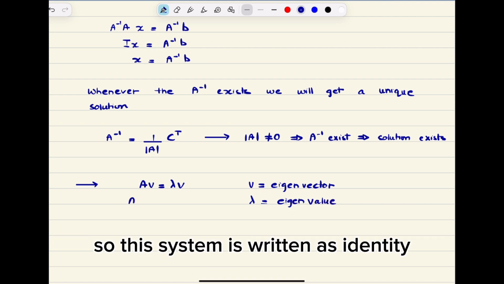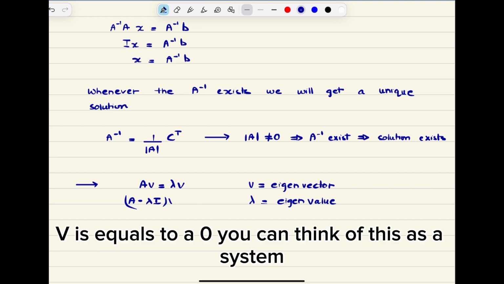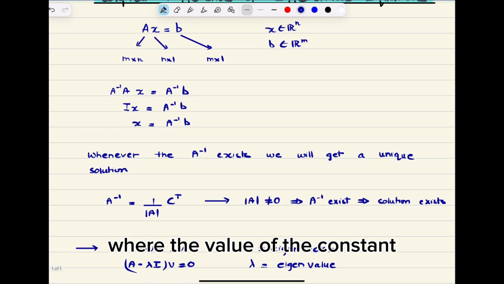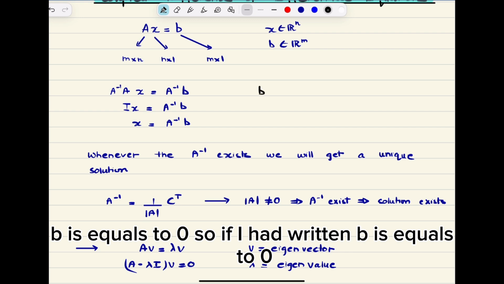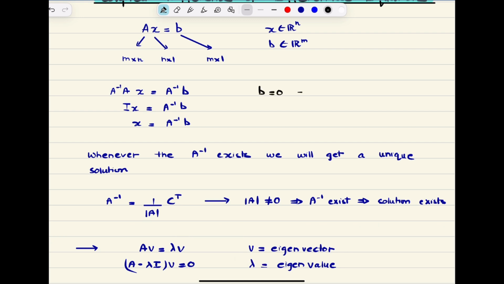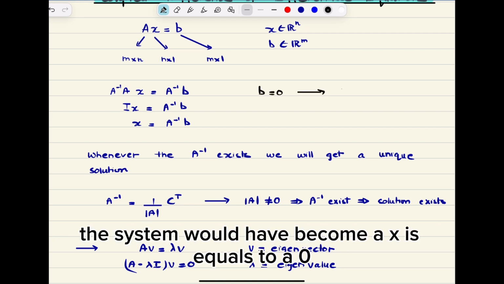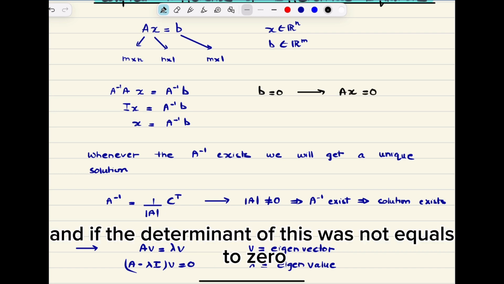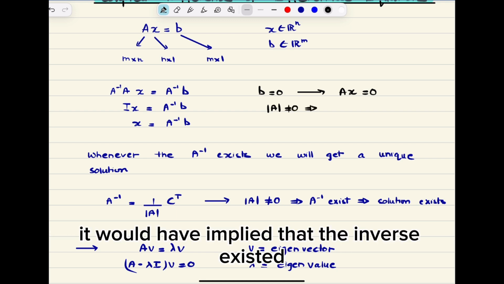So this system is written as (A minus lambda I) v equals 0. You can think of this as a system where the constant b is equal to 0. So if I had written b equals 0, the system would have become Ax equals 0. And if the determinant of this was not equal to 0, it would have implied that the inverse existed.